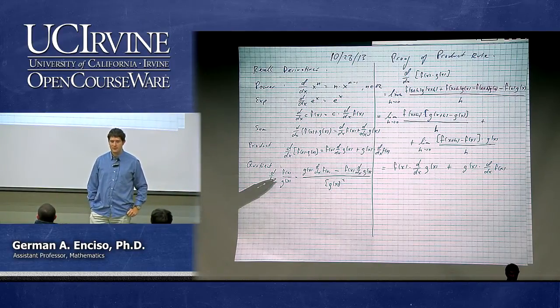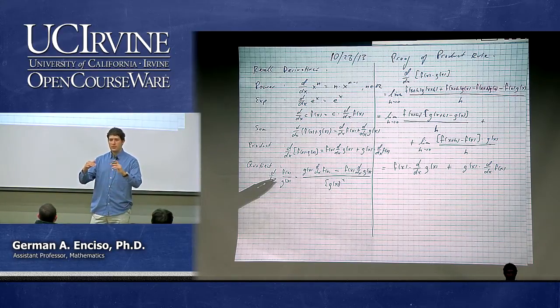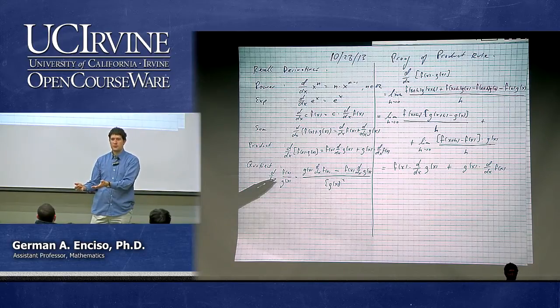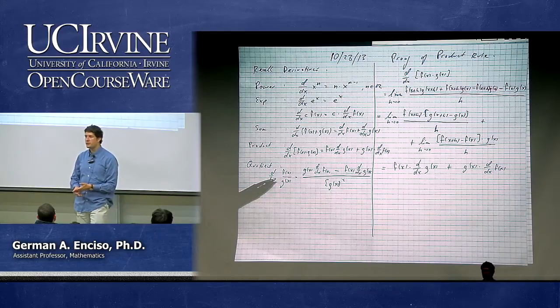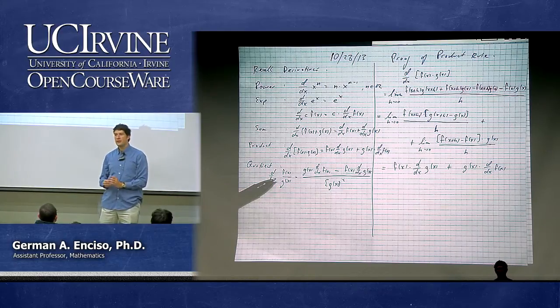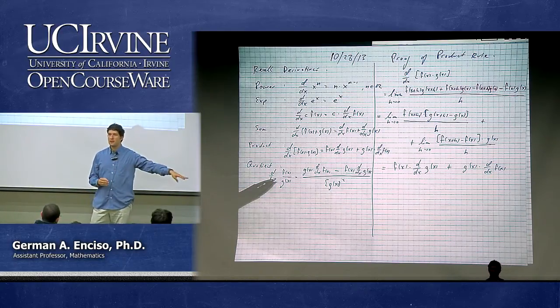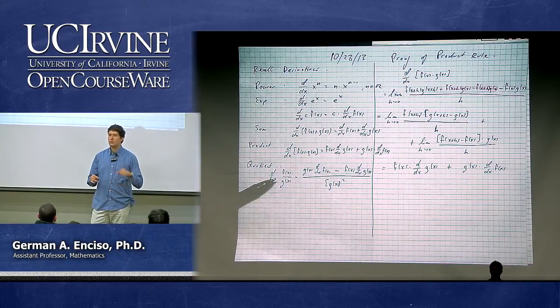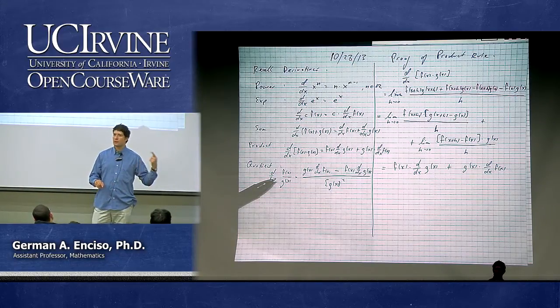F of x times g of x to the negative 1 power. That's right. So f of x times g of x to the minus 1. Okay, so dividing by g is the same thing as multiplying by g to the minus 1. Right now, we would not know how to differentiate that. But in a couple of lectures, and maybe even by Wednesday, you learn how to do that. So we can write this quotient as a product, and then we use the product rule that we just proved to prove the quotient rule.